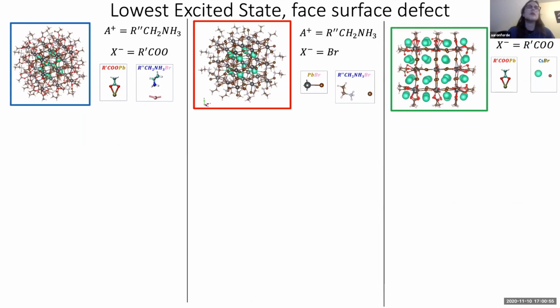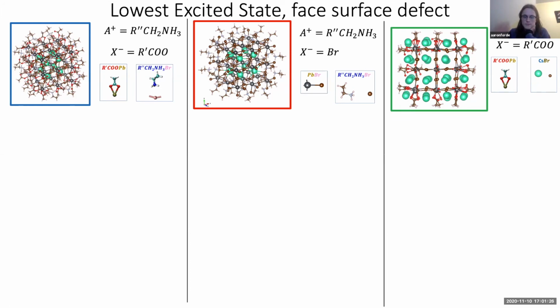I guess one of the configurations to look at would be the same face defect, but in the lowest excited electronic configuration. That's just on the to-do list, but I haven't gotten results that far yet for these models. So that's why this slide is blank.